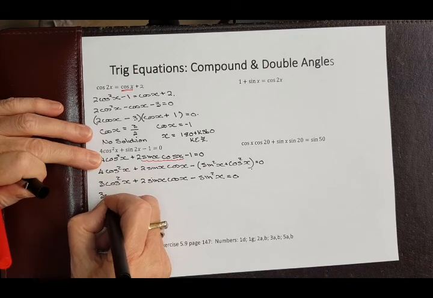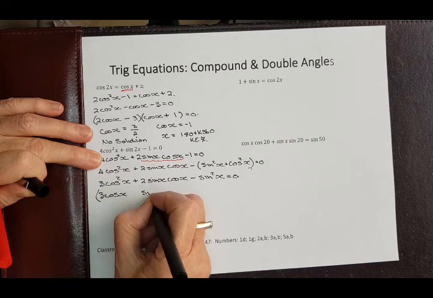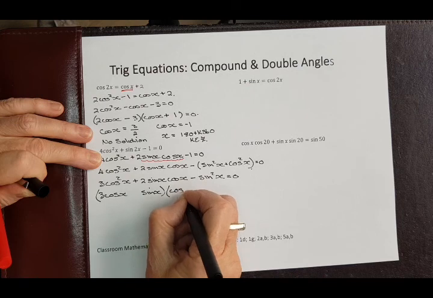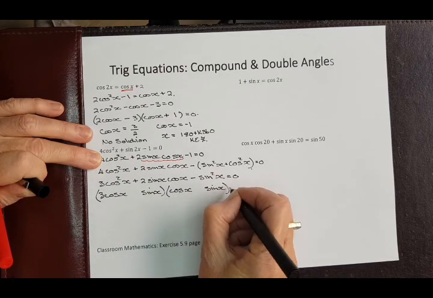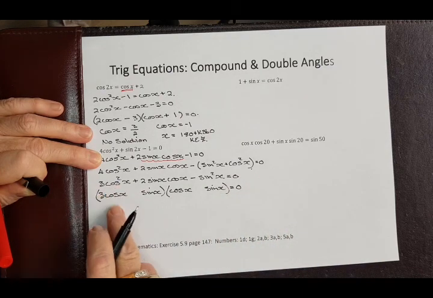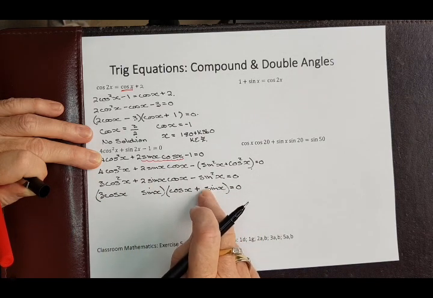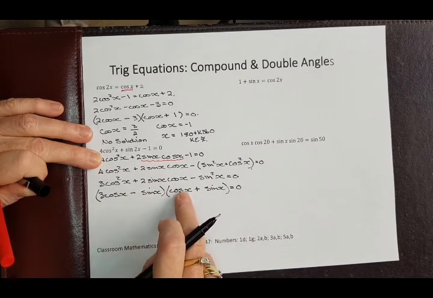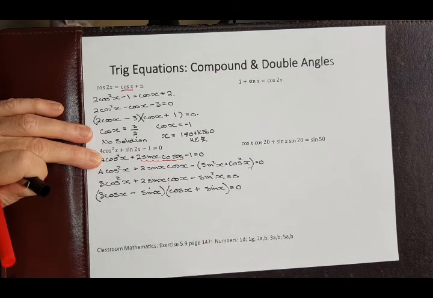The first bracket is 3 cos x, the sine x at the back, cos x, the sine x equals 0. I want to land up with a plus 3 cos x sine x and a minus sine x cos x to get that positive 2 sine x cos x as my middle term.